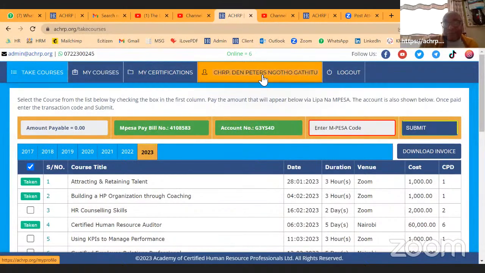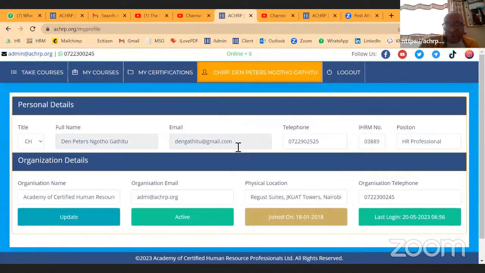And mostly, if you've not completed the details on your profile, when you log in, it will take you to this page, requiring you to complete everything. Why do we want everything there? Because your certificate will always take your full name. The details on your invoice, your receipt and your certificate are being pulled from this portal.